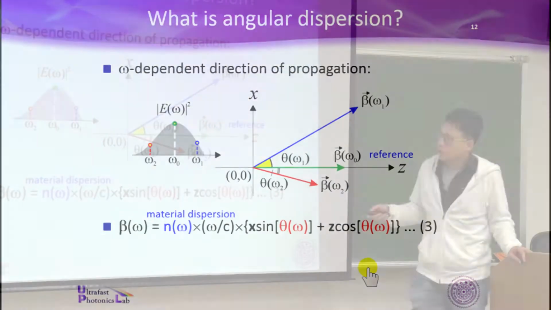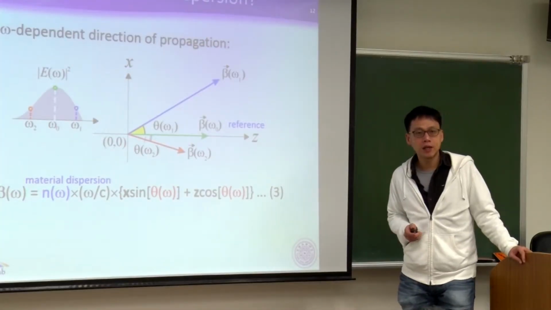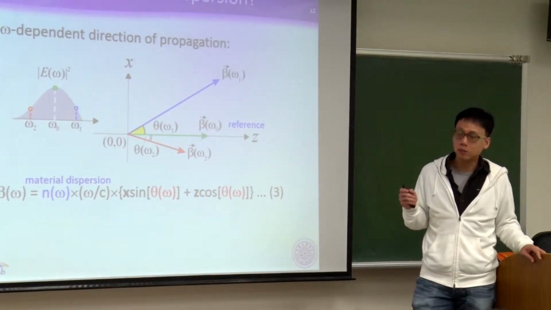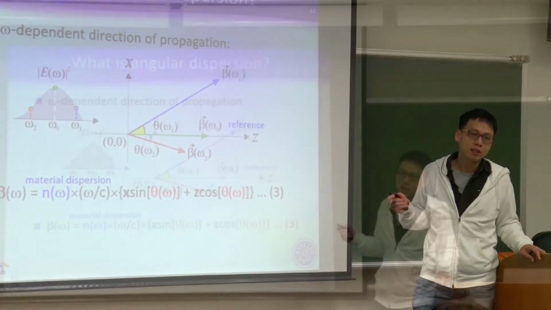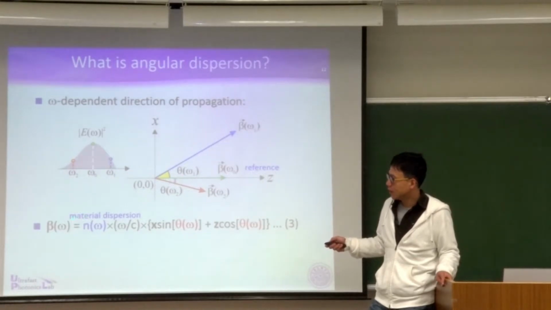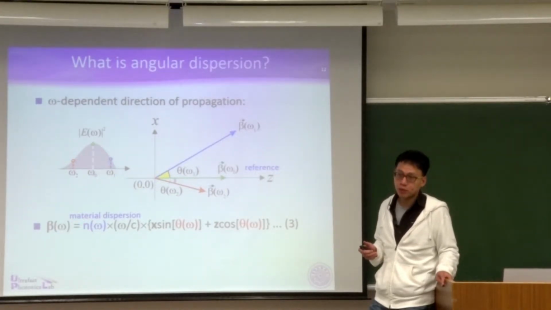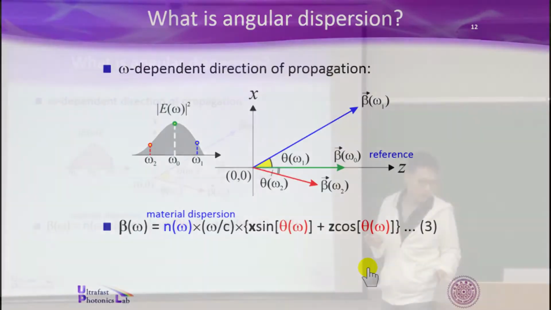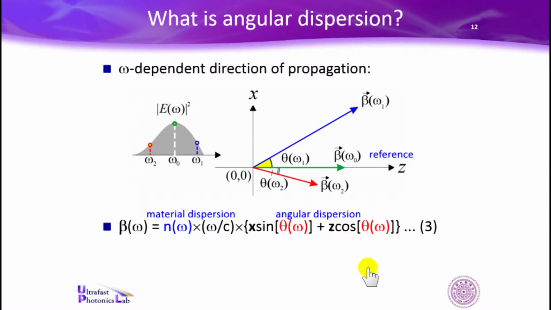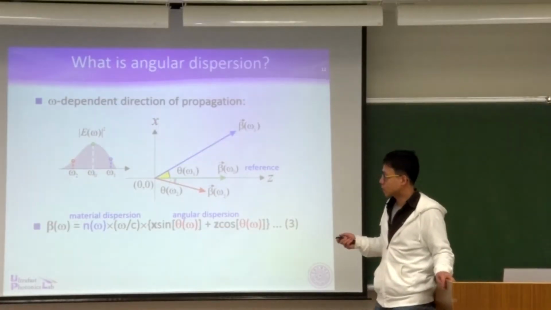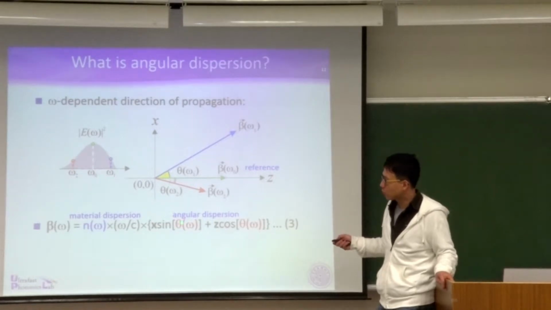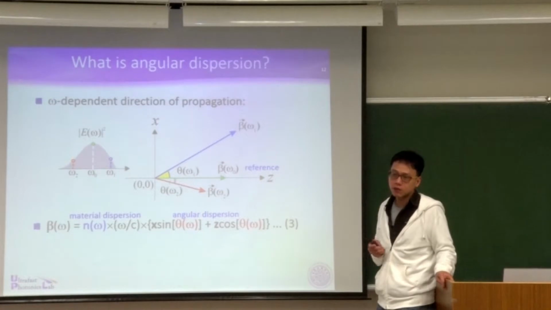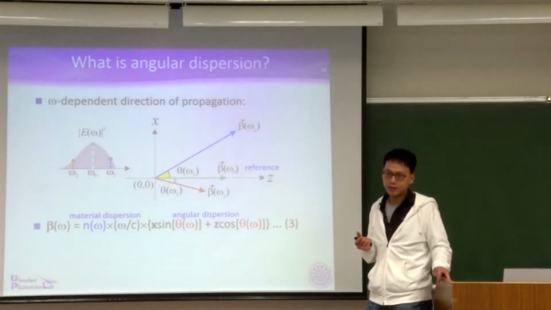You can know the meaning of n of omega means material dispersion, right? If you have material dispersion, n of omega is not a constant but a function of omega. And the theta of omega represents the new concept, angular dispersion. Whenever you have angular dispersion, different colors will propagate along different directions depending on the definition of theta.